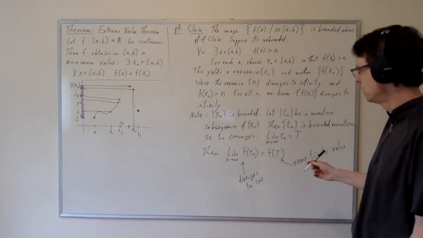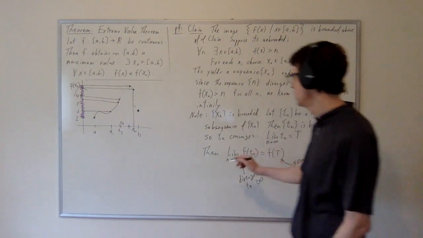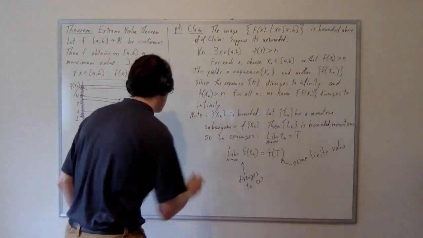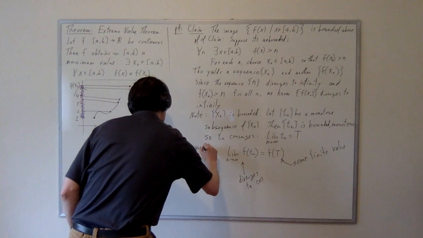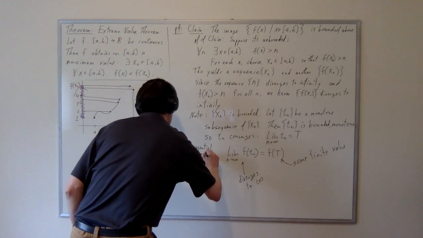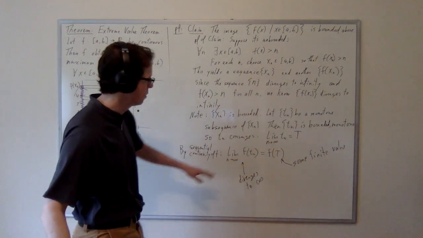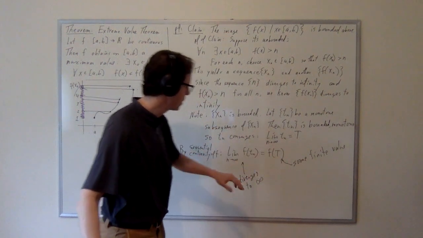And now we have our contradiction. So I should state this comes from continuity, right? So maybe to clarify here, this is by sequential continuity of f. That's how that equation came to be. We have this limit, we apply f to both sides, and therefore this limit must also be true.